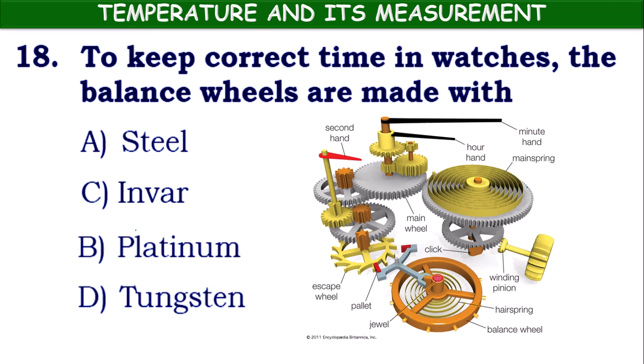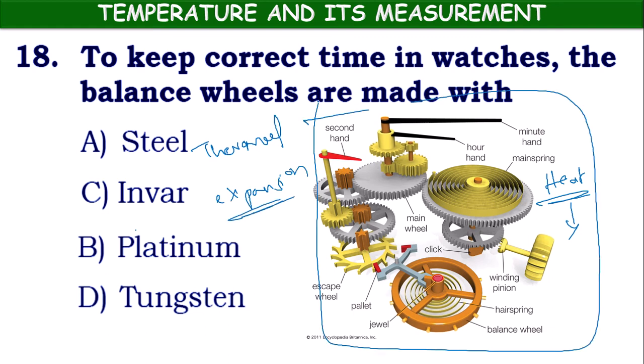Just now we discussed that all materials expand on heating. Expansion on heating is called thermal expansion. So our wristwatch or wall clock will be continuously under the effect of hot conditions.